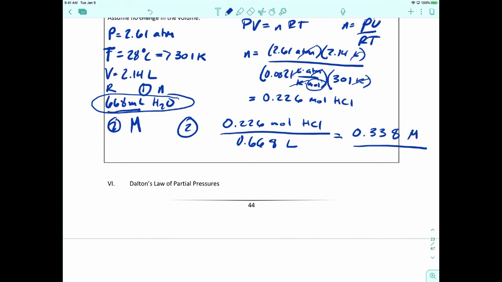So 0.338 molar solution. And there it is. All right, and so those are the types of problems that we can do with the ideal gas law.